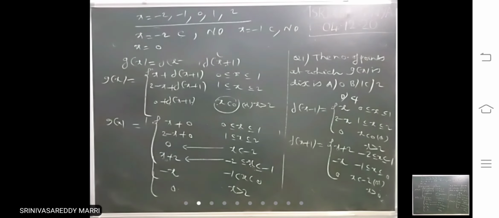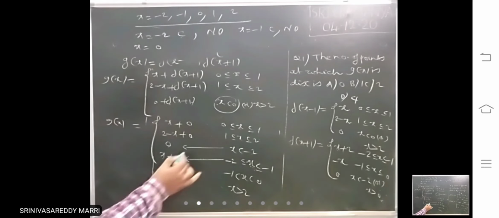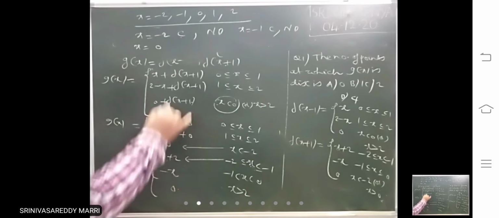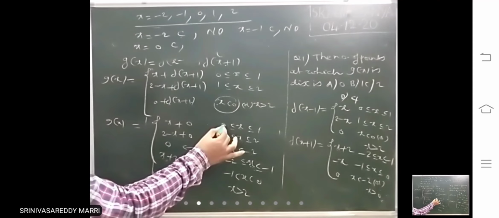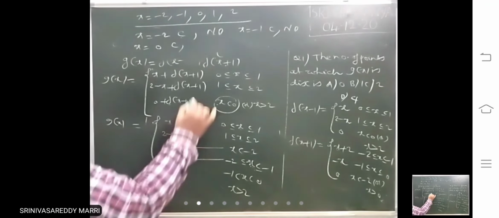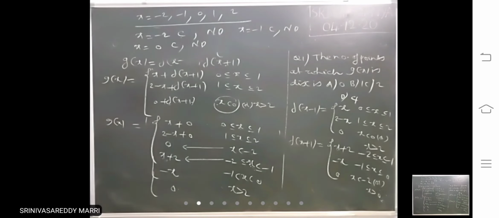At x equal to 0, left limit 0, right limit 0. F of 0 is what? 0. That means continuous. Right hand derivative f dash 0 plus is what? Derivative of this is 1. 0 minus is what? Not differentiable.